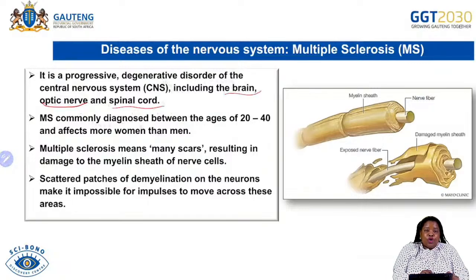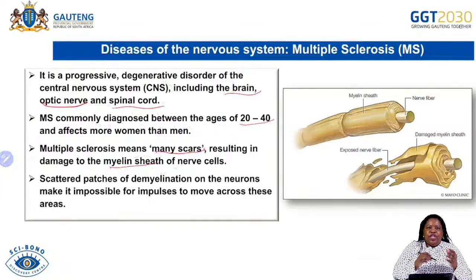It is commonly diagnosed between the ages of 20 to 40. So we are at high risk, ages 20 to 40. And it affects more women than men, okay? Multiple sclerosis means many scars resulting in the damage of the myelin sheath.